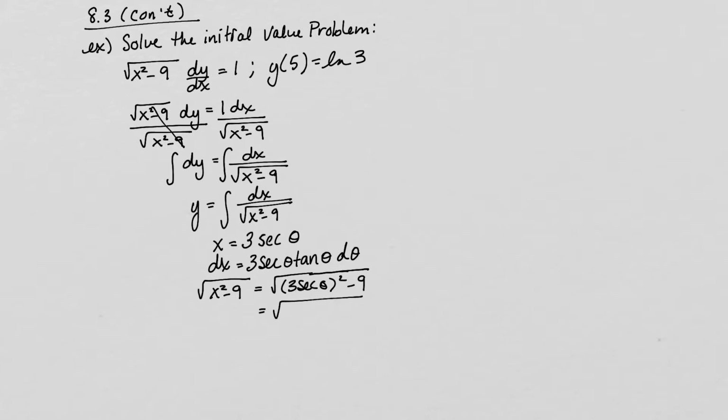So that's the square root of 9 secant squared theta minus 9, so the square root of 9 times secant squared theta minus 1. And secant squared theta minus 1 is tangent squared theta. So we have the square root of 9 tangent squared theta, which is just 3 tangent theta.